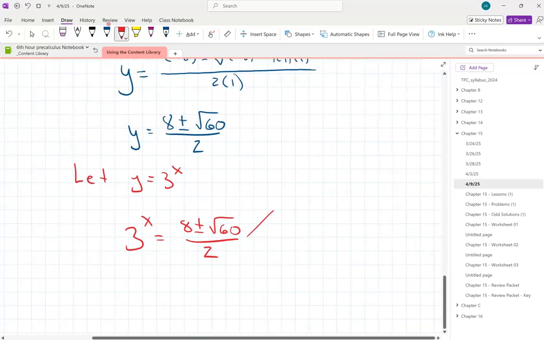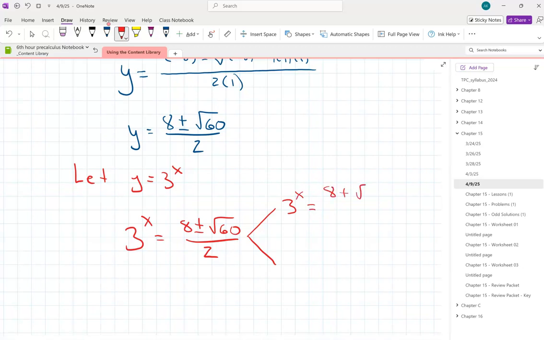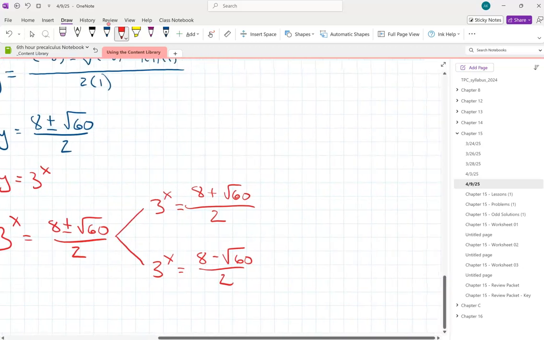Now, since it's a plus or minus equation, I can really just think about that as two separate equations. One of them with the plus, the other with the minus. Everybody feel good? And then how do I get the x all by itself here? What do I need to use?